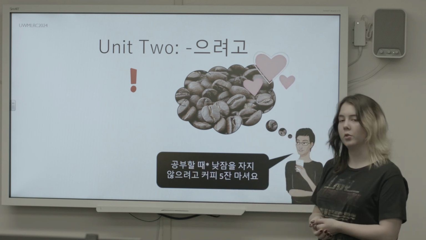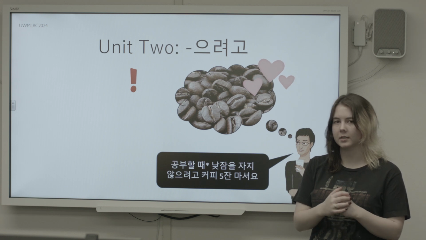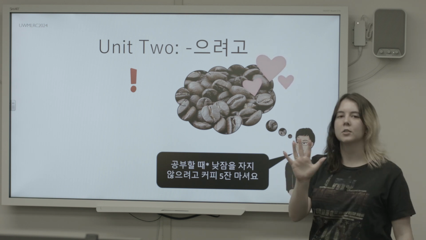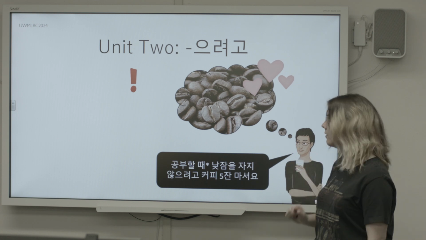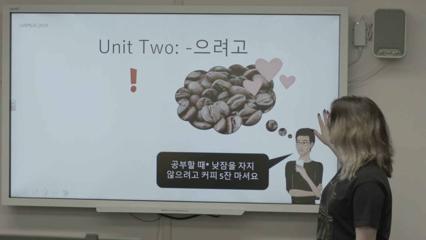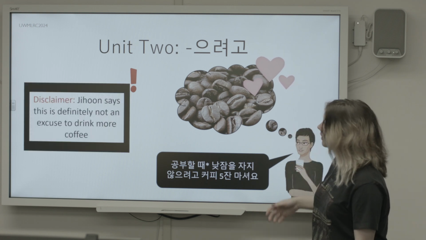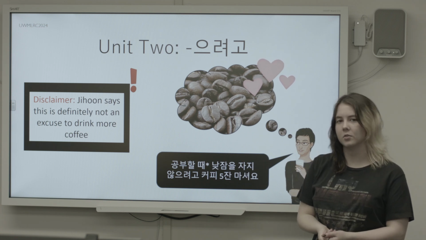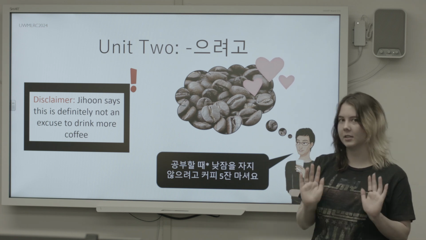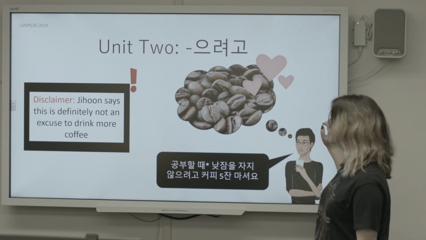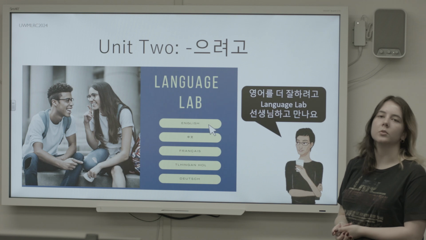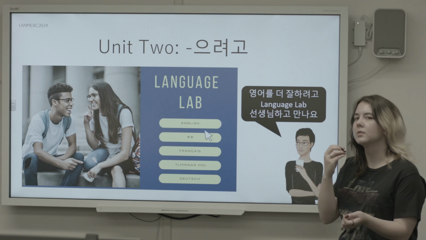낮잠을 자지 않으려고, in order to not take a nap, in order to not fall asleep. 커피 5잔 마셔요. I drink 5 cups of coffee. Jihoon puts a disclaimer saying that this is definitely not an excuse to drink coffee. It is definitely necessary. 영어를 더 잘하려고. 잘하다 is to do something well.